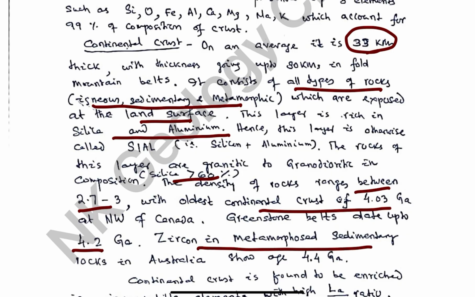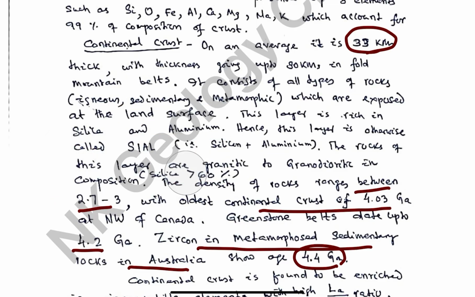Also, the zircon in metamorphosed sedimentary rocks of Australia shows an age of 4.4 billion years, because we know the Earth originated from the Sun about 4.6 billion years back, the age of the Earth. So, maximum age is shown by zircon, which is going up to 4.4 billion years.